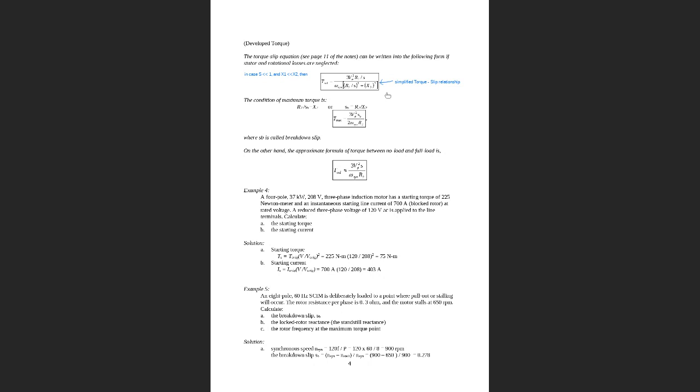Here we just need to know the per-phase applied voltage V phi, and R2, which is the motor's rotor resistance referred to the stator. Usually it is constant.